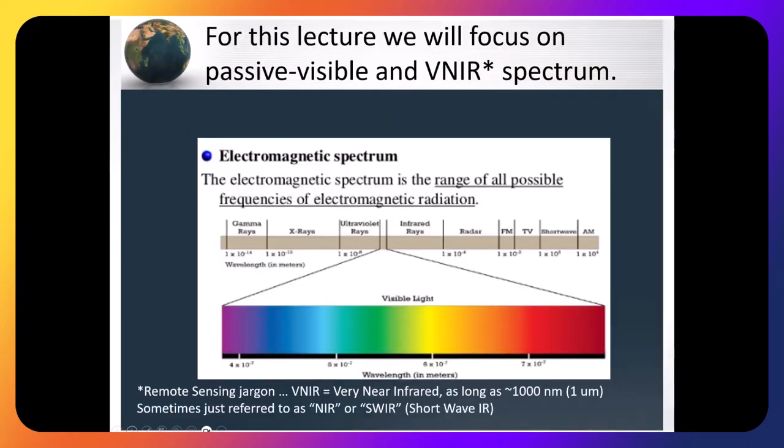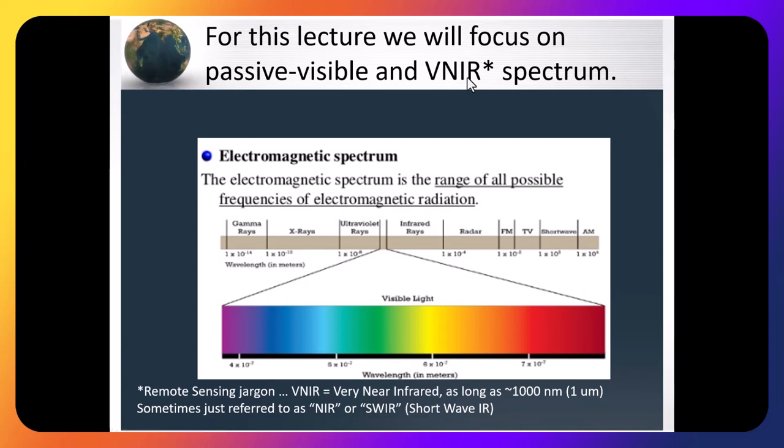Now we're going to focus mainly on the passive version of remote sensing and using the visible near infrared. Here's another jargon term: the visible or very near infrared is the spectrum that we're mostly concerned with in passive remote sensing.